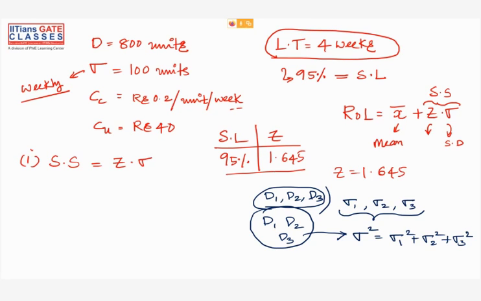In the similar way, the weekly standard deviation is 100 units, and I want to convert it into 4 weeks: week 1, week 2, week 3, week 4.